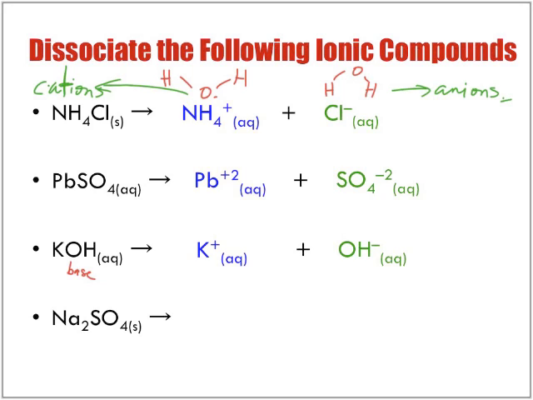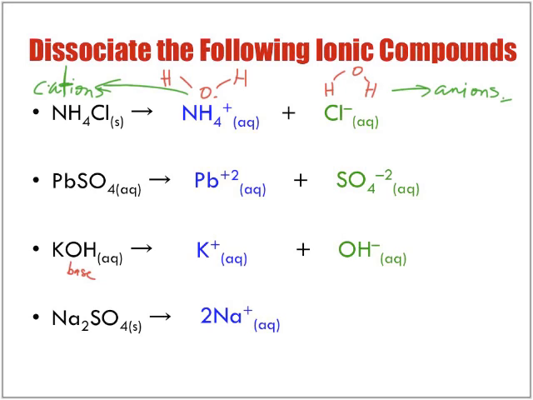The last one, what is the cation? Sodium ion. But how many sodiums do I have? I have 2, which means I put down 2 Na+. That's where the 2 comes in. And how many sulfates?